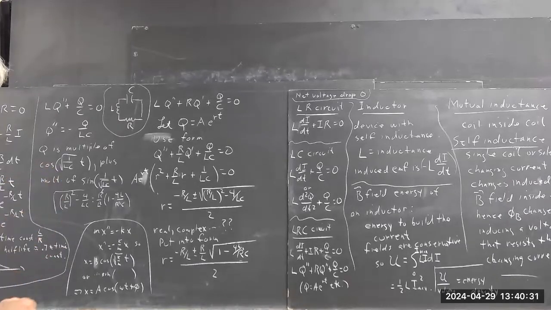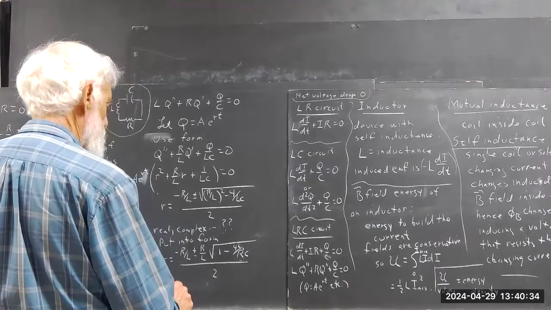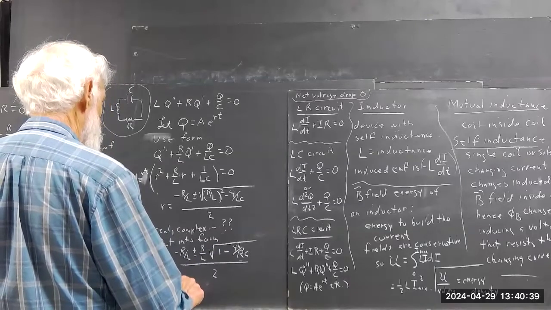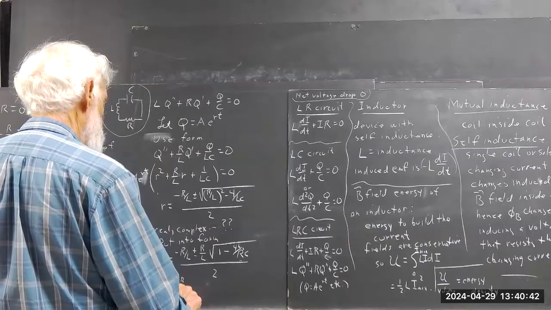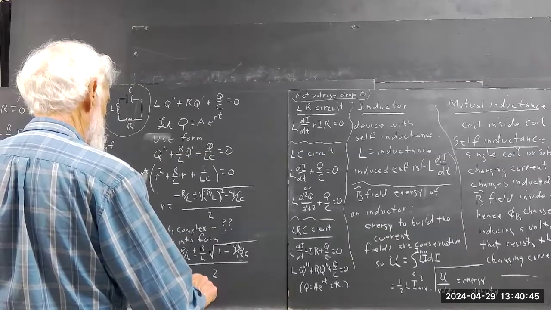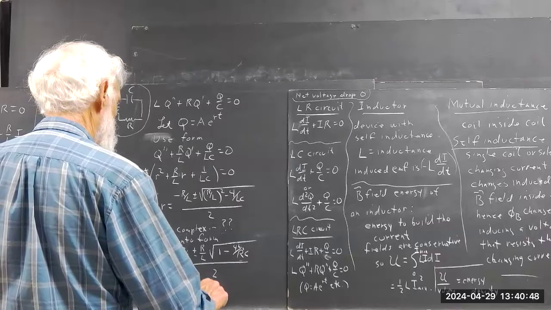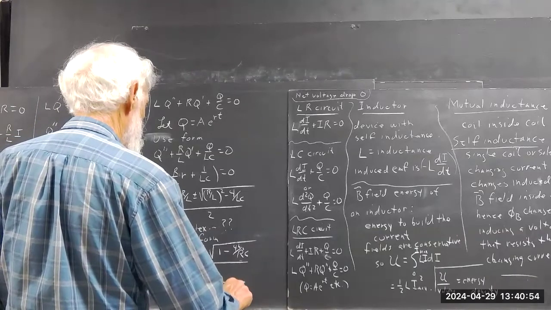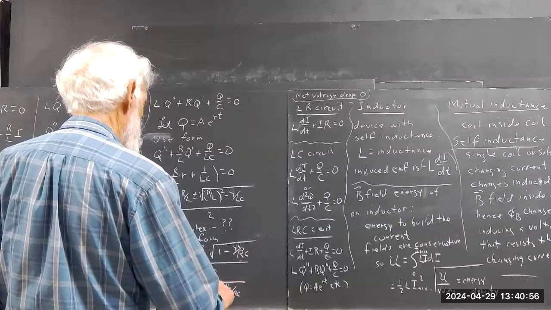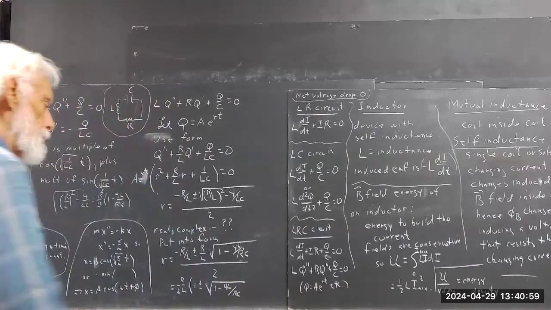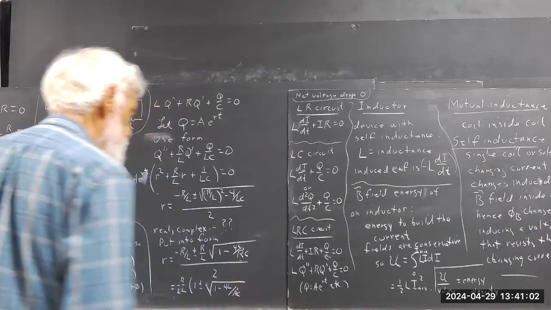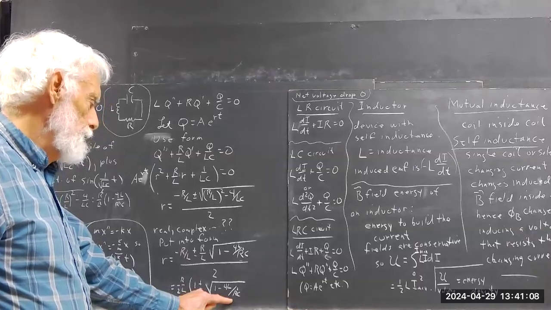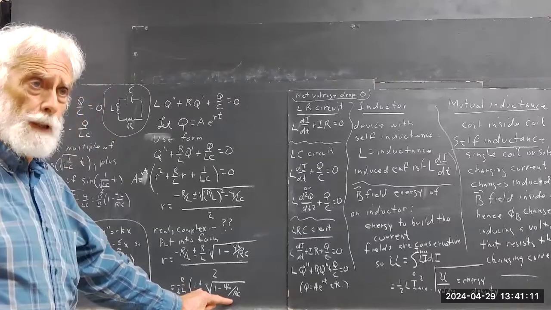Well, the units, kind of badly written here. You can write this as negative R over 2L times 1 plus or minus the square root of 1 minus 4L over R squared C. Are the units of L over R squared C, do the units cancel out?